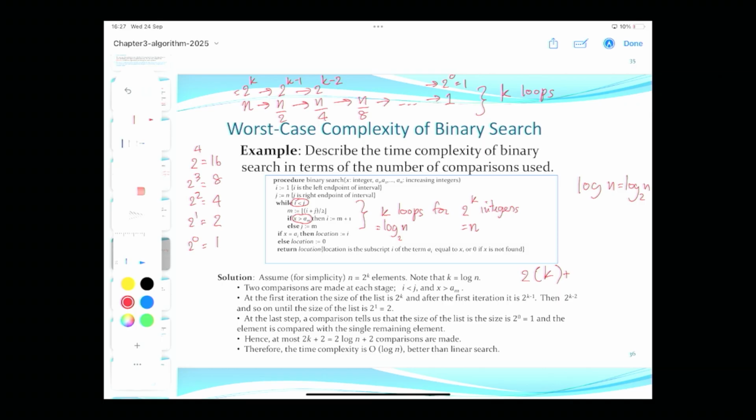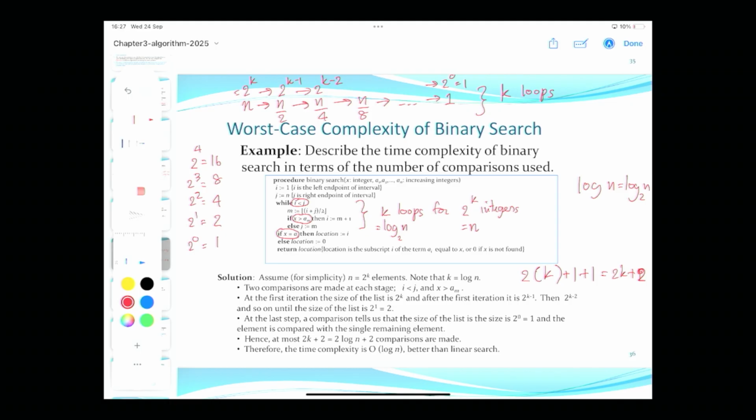And then to exit the loop, that is when i is not less than j, that's one comparison. And then the last comparison, check if x is found or not. One more. So total would be 2k plus 1, plus 2.